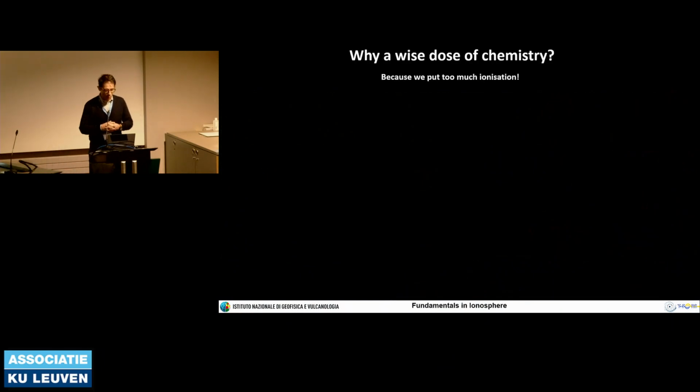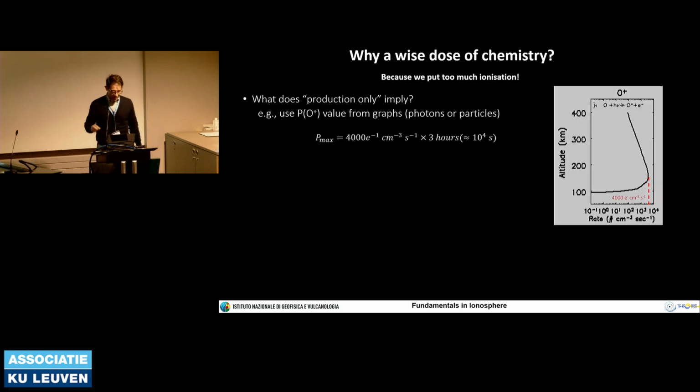Why a dose of chemistry? Because we put too much ionization in our receipt. If we consider just the production, for instance the case of oxygen, and this is a model of the production rate considering just photoionization of the oxygen, we may consider that at the peak ionization rate we have about 4,000 electrons per cubic centimeter per second.